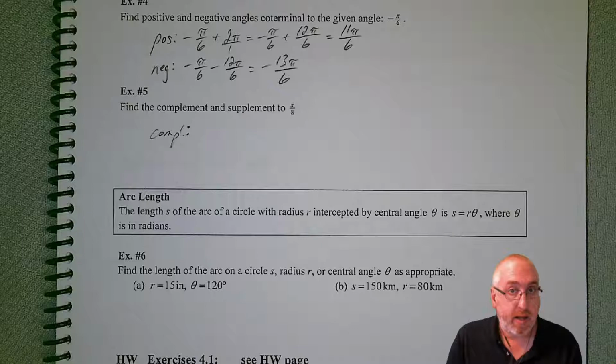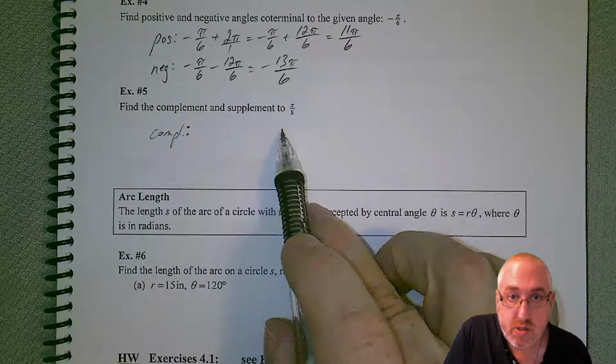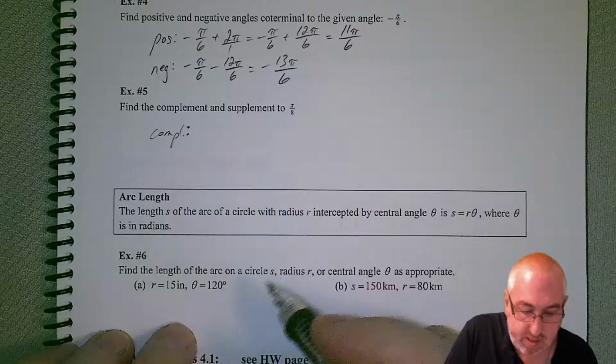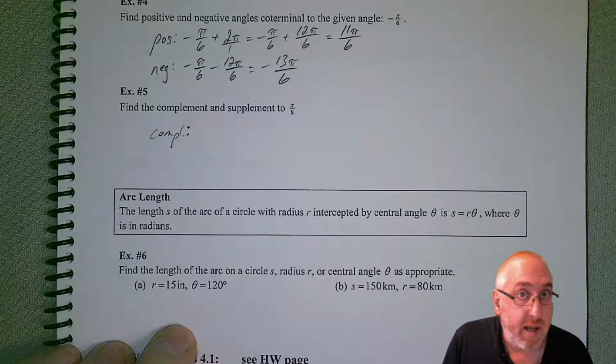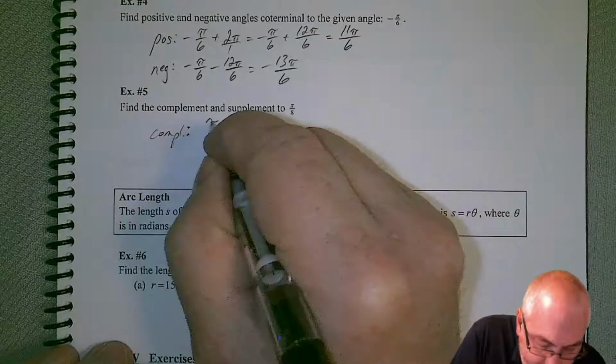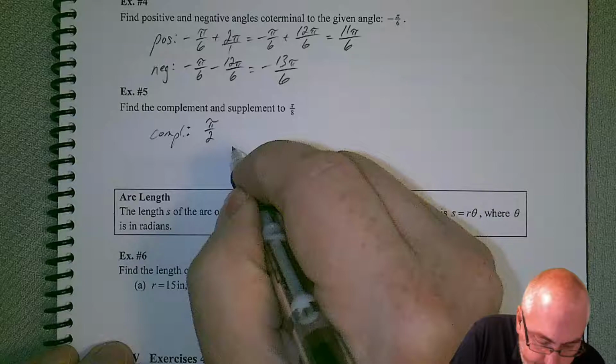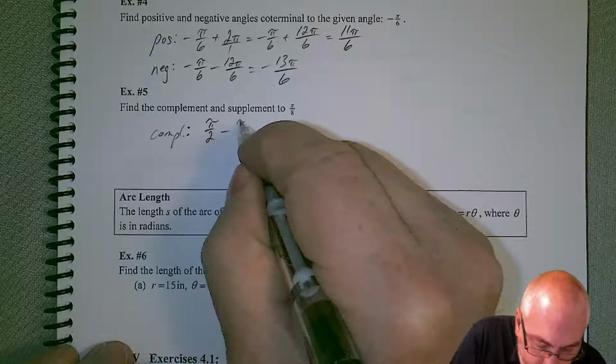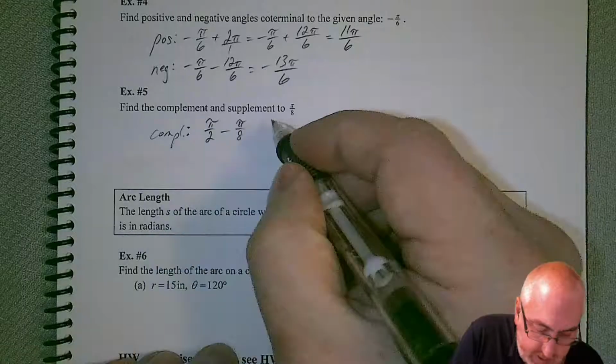So in order to find what else we need to add to this to get to 90, let's take that away from 90. But 90 in radians is what? Yeah, it's going to be pi over 2. So if we subtract pi over 8 from pi over 2, that should be our answer.